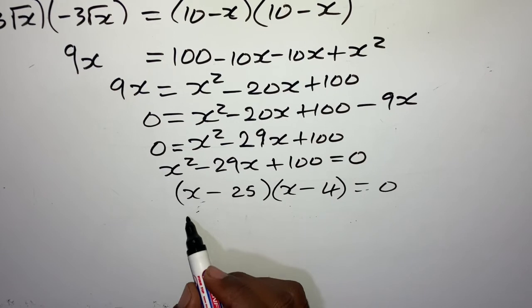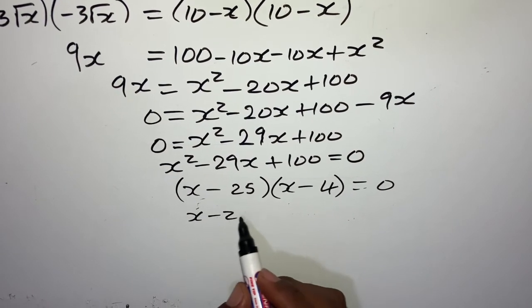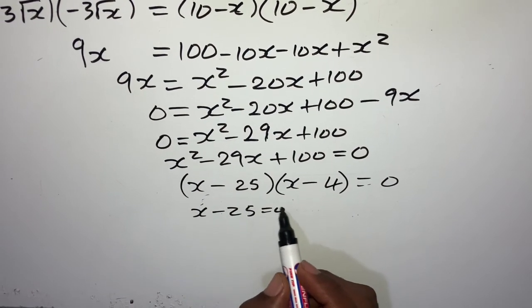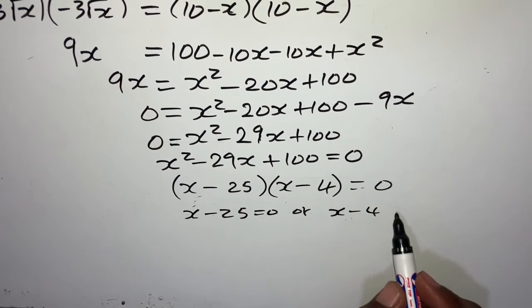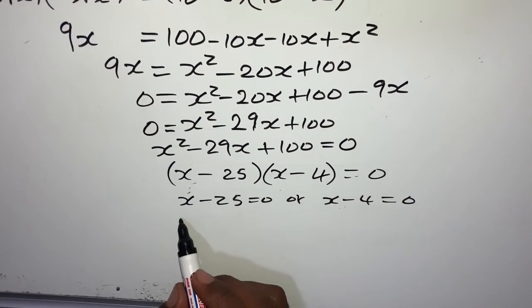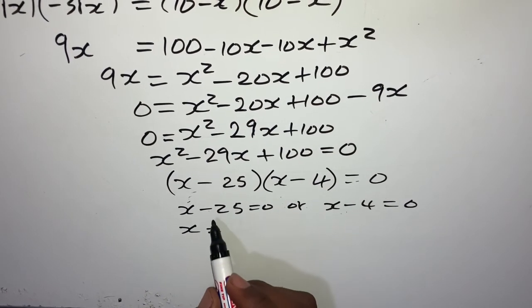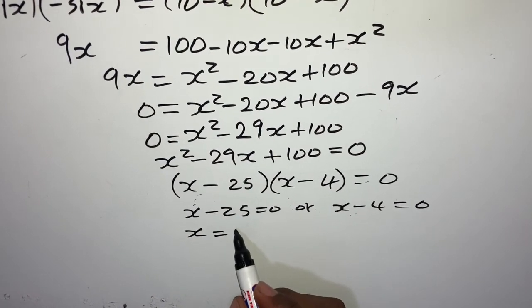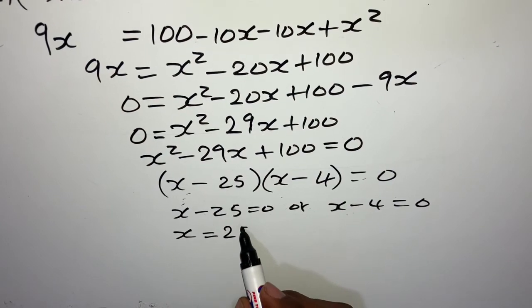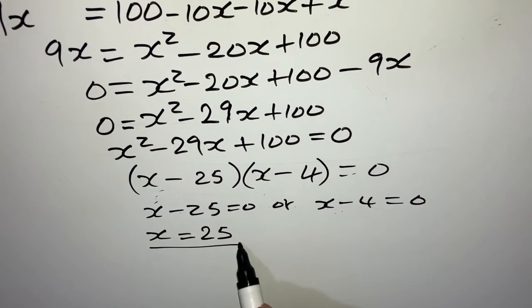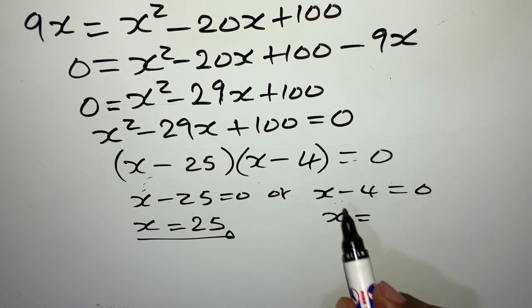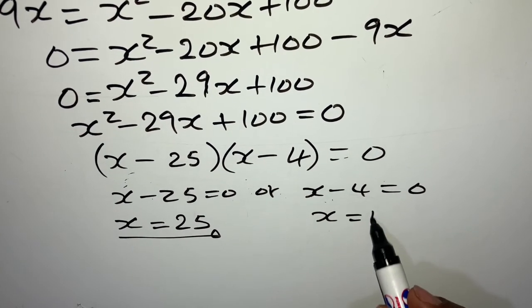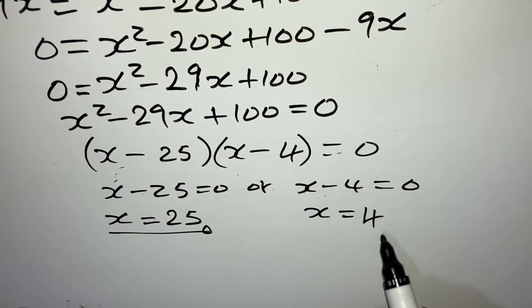Then I equate these to 0. x minus 25 is equal to 0, or x minus 4 is equal to 0. Then x is equal to, take 25 to the other side, the sign changes, x is equal to 25. Also take the 4 to the other side, my x will be 4.